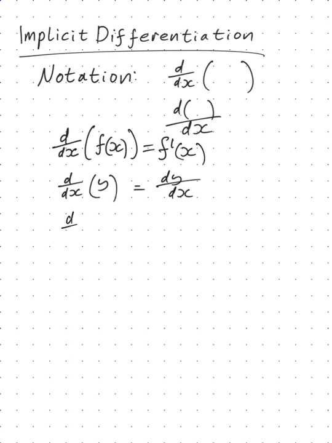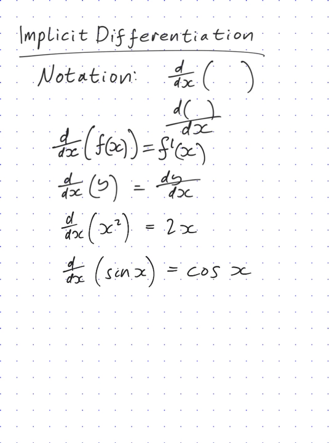If I say d/dx of x squared, that's just 2x, or d/dx of sine x would be cosine x. So when I say d/dx of something, I just mean differentiate that with respect to x, whatever it is.